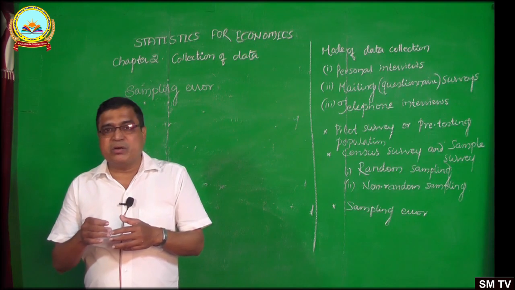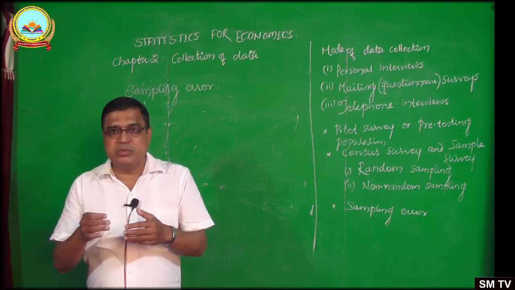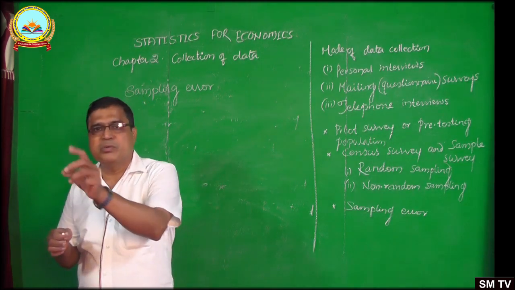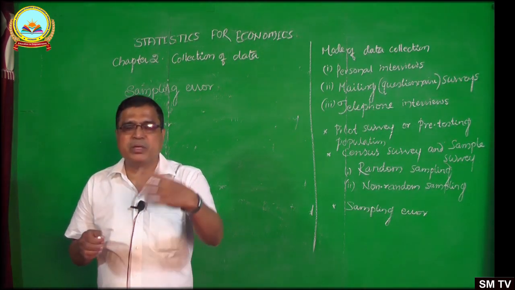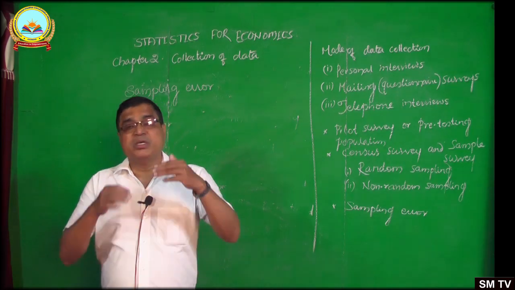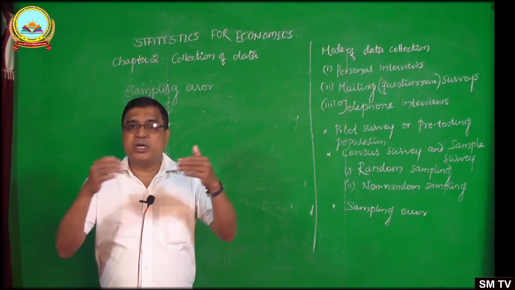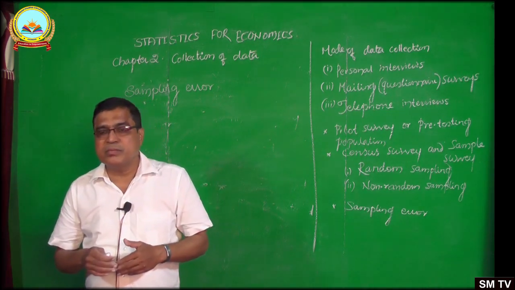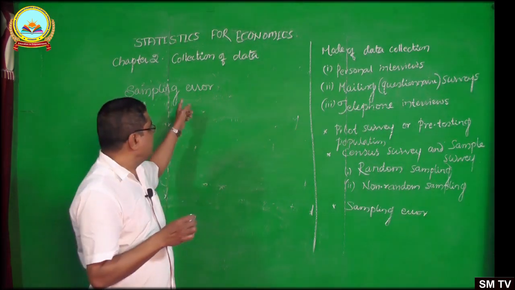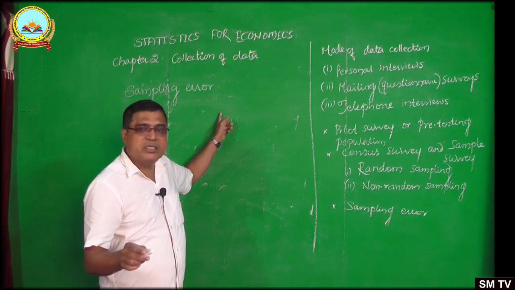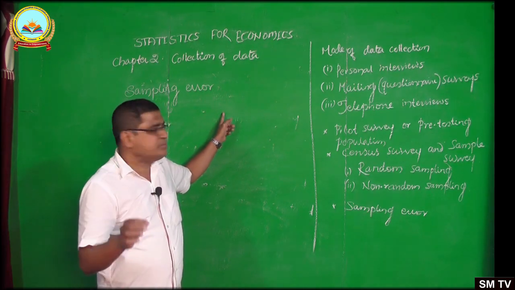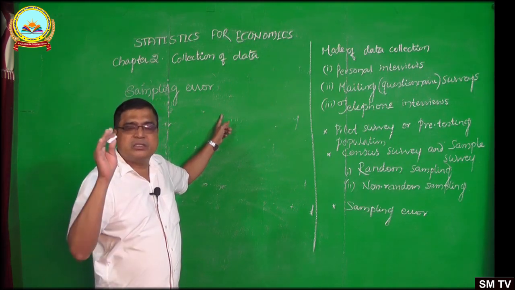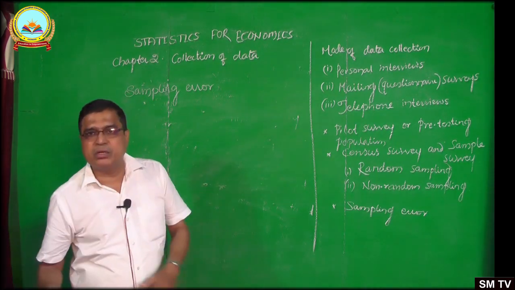The sampling error will be severe when you take a small sample. There are 300 houses. If you take only 5 houses, the sampling error will be more. If you take more and more houses, the sampling error can be reduced. That is, the sampling error can be minimized by taking a considerably large sample size.